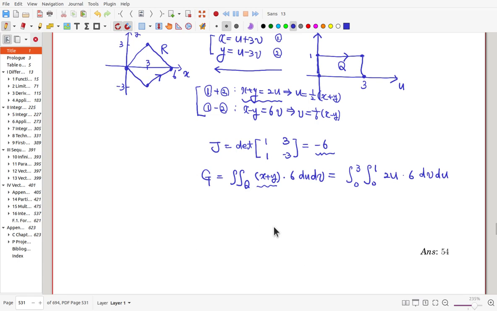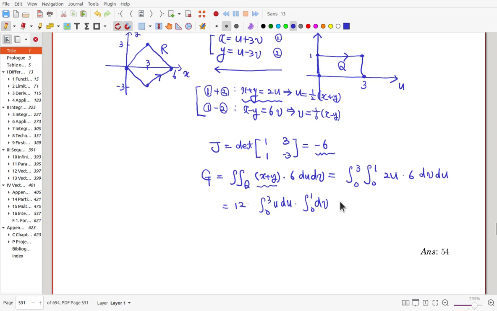Okay, from now on it's quite simple. The 12 is a scalar, so it can go out, and only u remains here, so that it's separable. So we have the integral from 0 to 3 of u du, and now from 0 to 1 of dv, right?